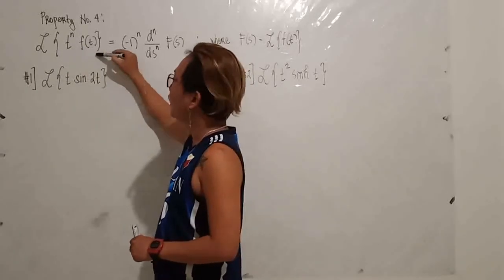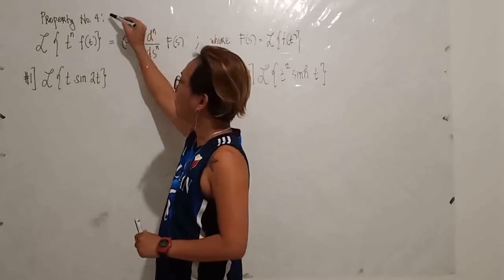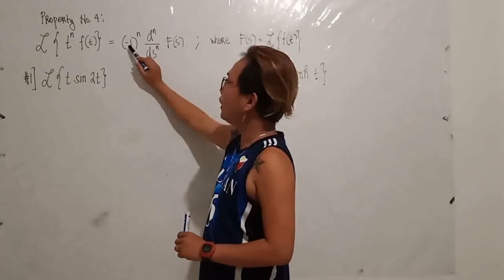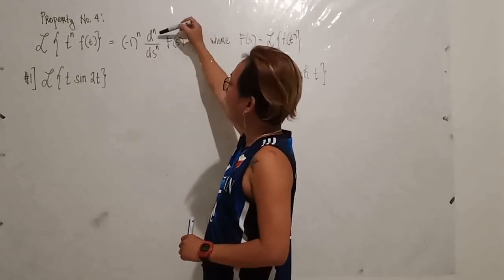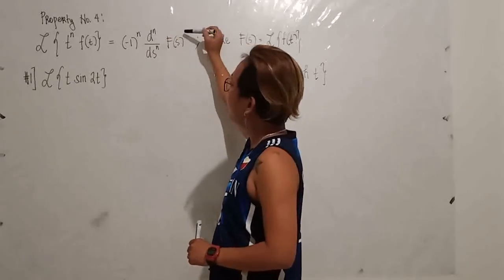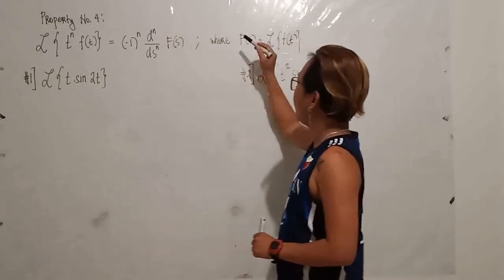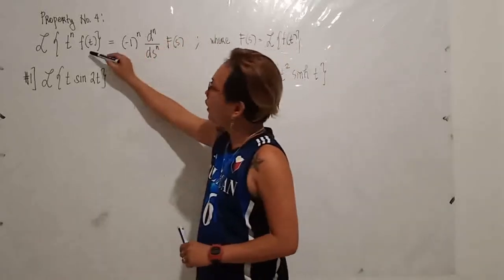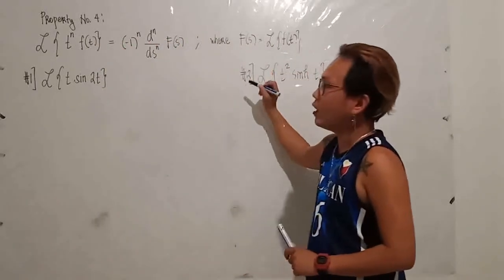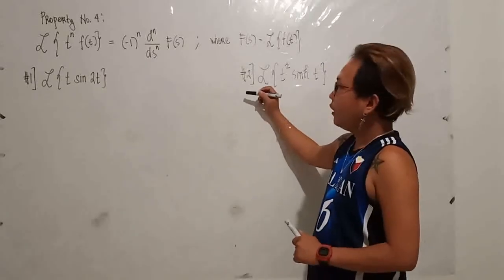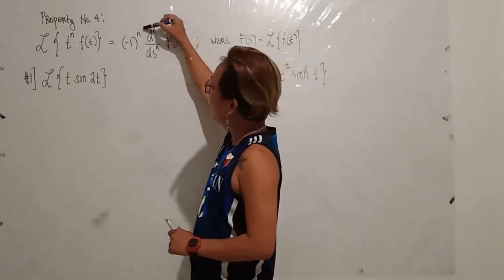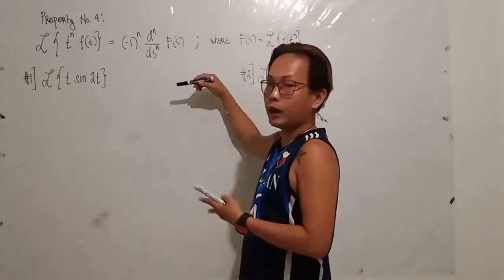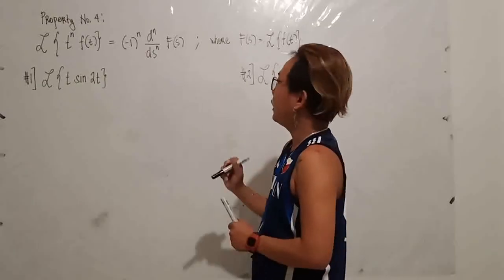To satisfy this pattern, you will use property number 4, wherein you will have the formula of -1 raised to n, then the nth derivative of F of s, wherein your F of s is the Laplace transform of the f of t in the pattern. So you just have to take the value of n to know how many times you will take the derivative.